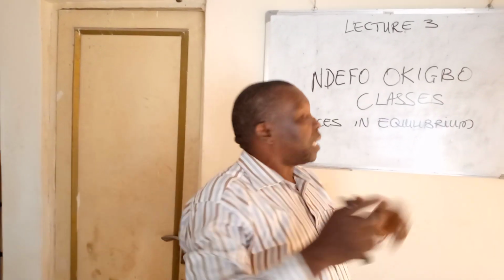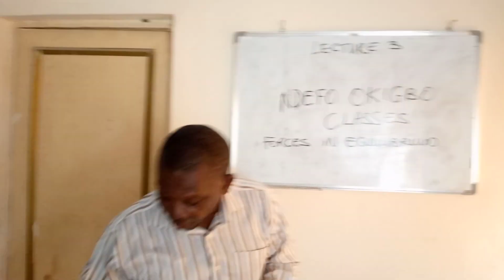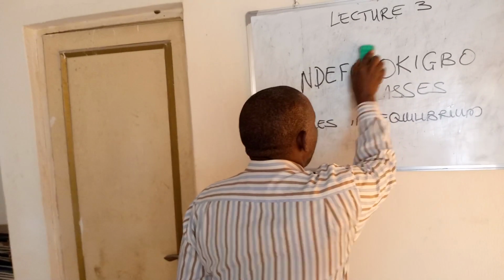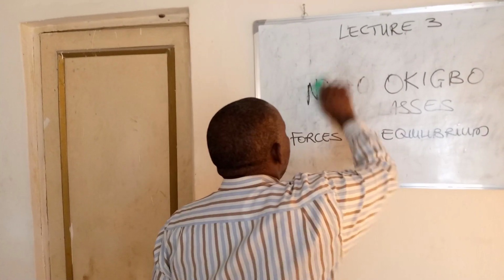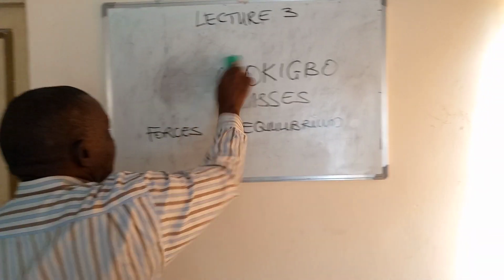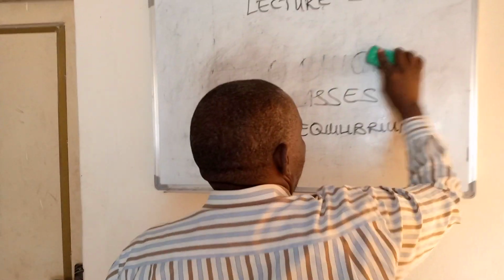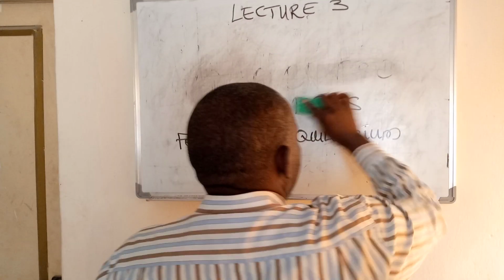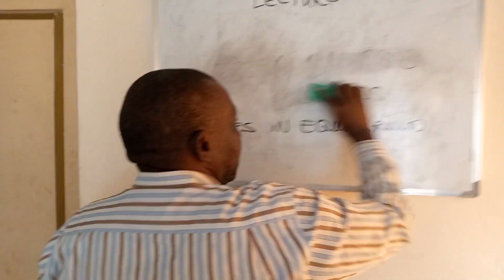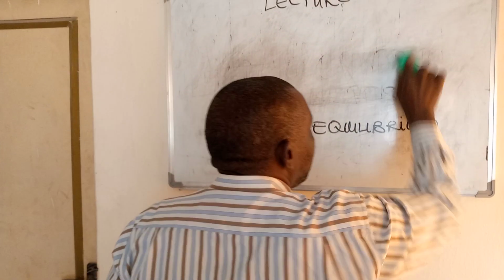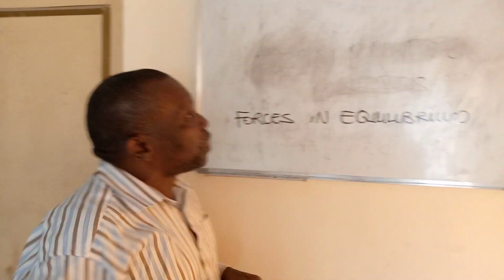Remember Newton's third law, which says that action and reaction are equal and opposite. When equilibrium is established in an equilibrium system, the action and the reaction are equal and opposite.